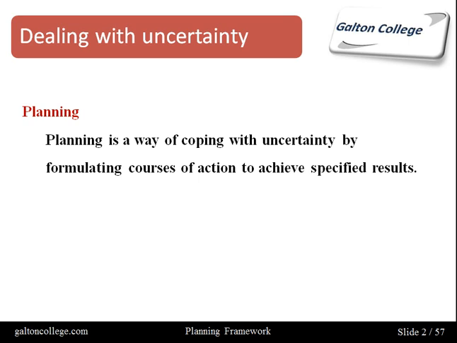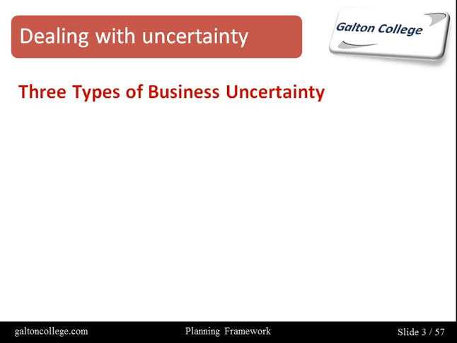It's having something in place in the event of some adverse factor or some indeed favourable factor in the future arising, so the plan may deal with it or exploit the opportunity as the case may be. So a plan is really aimed at this idea of dealing with uncertainty.